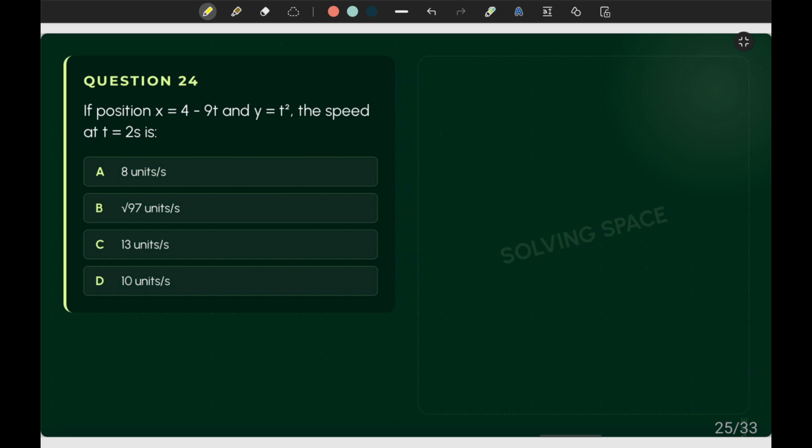Question number 24. If position x is equal to 4 minus 9t and y is equal to t square, find the speed at t equal to 2 seconds. The 4 options are given on the screen. First we calculate vx as dx by dt, that is minus 9.